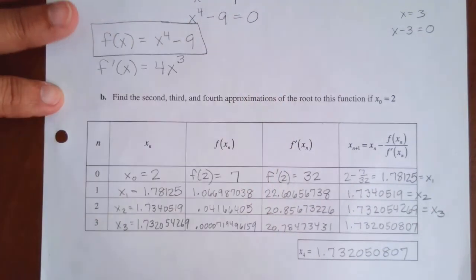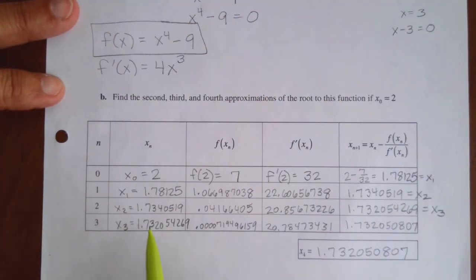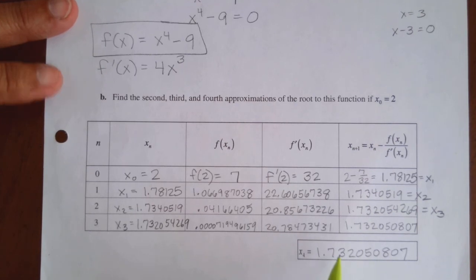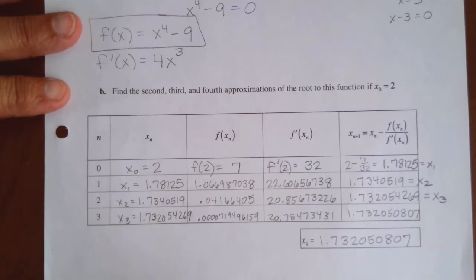Okay, and if you look at the third, look how many numbers we're repeating now. We have 73205. So this means this is your approximation 1, 2, 3, 4, 5 places, right? 5 places past the decimal.